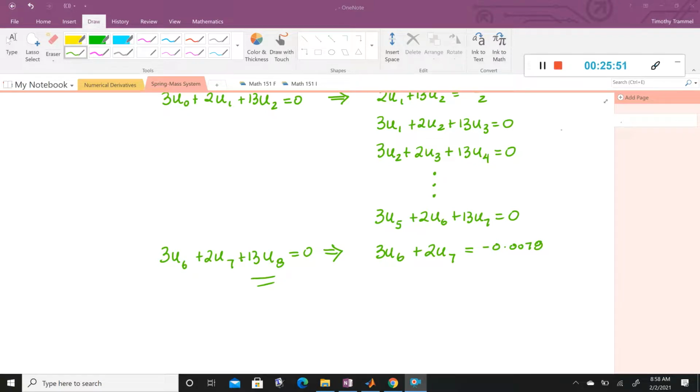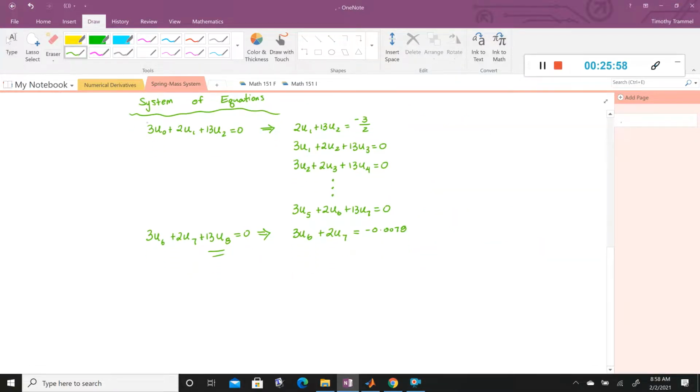Now let's start thinking about what this system looks like if we write it in terms of a matrix. Maybe I'll zoom out a little bit. I'm going to write it right below this. In our very first equation we have a 2u1, and in the next equation we have a 3u1.